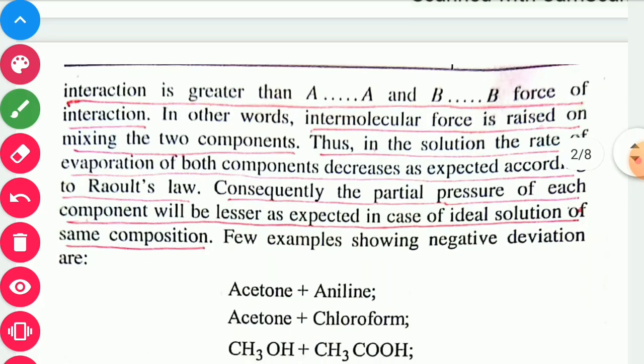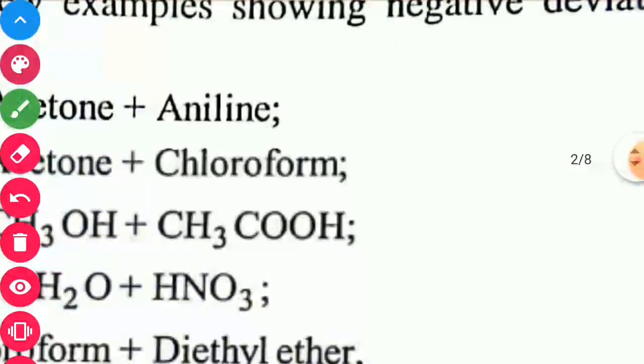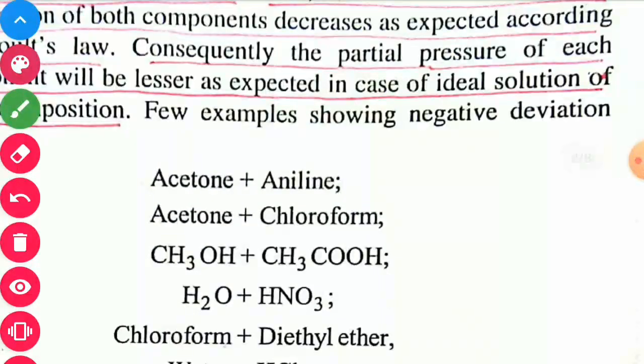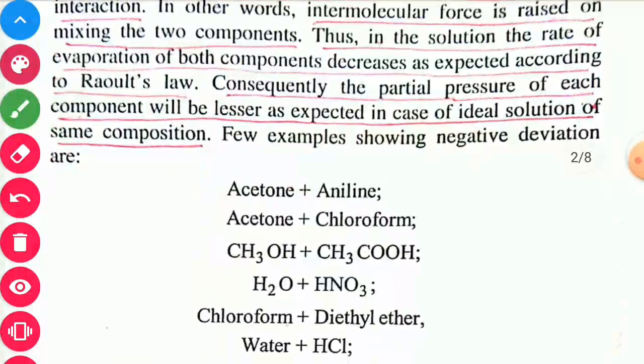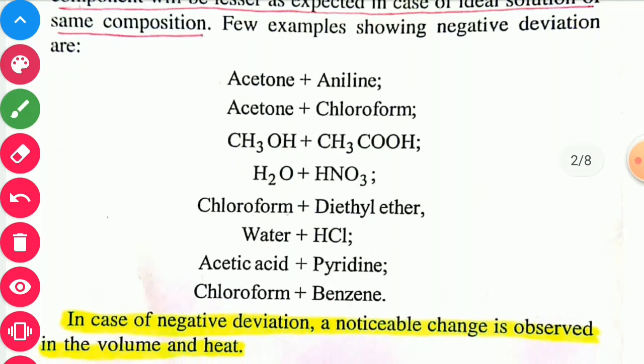Here some examples are given which indicate negative deviation from ideal behavior, like a mixture of acetone and aniline, a mixture of acetone and chloroform, a mixture of methanol and ethanoic acid, a mixture of water and nitric acid, a mixture of chloroform and diethyl ether, a mixture of water and hydrochloric acid, a mixture of ethanoic acid and pyridine, and a mixture of chloroform and benzene.